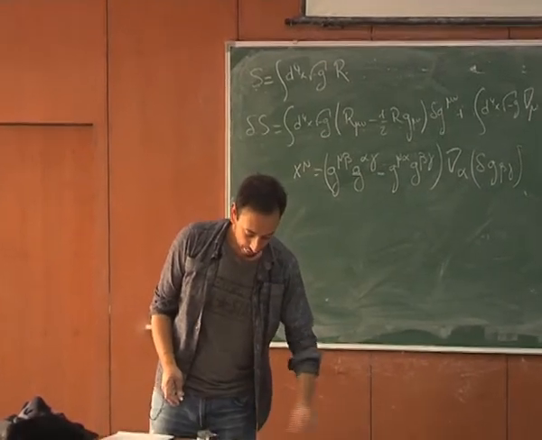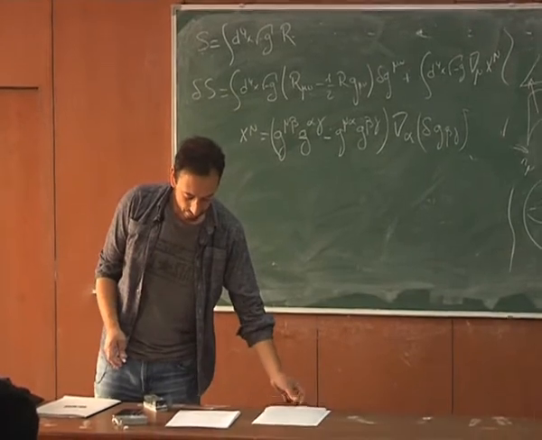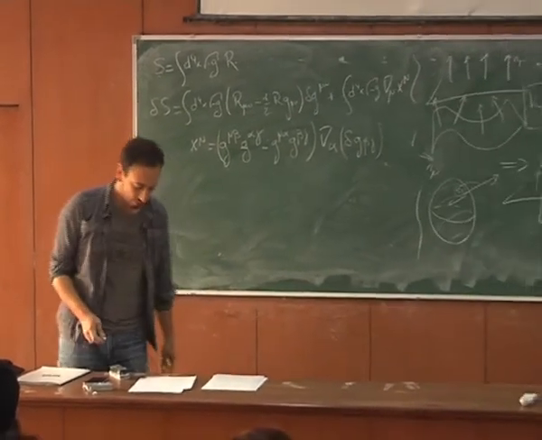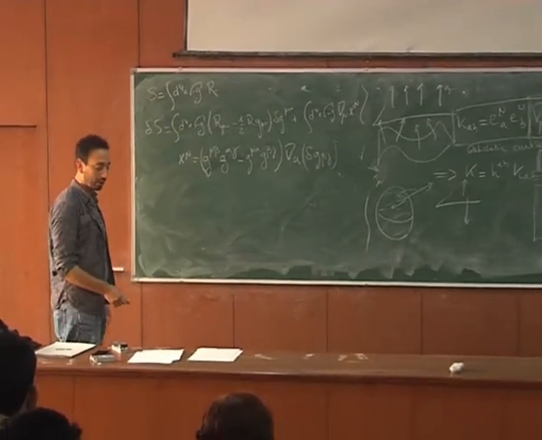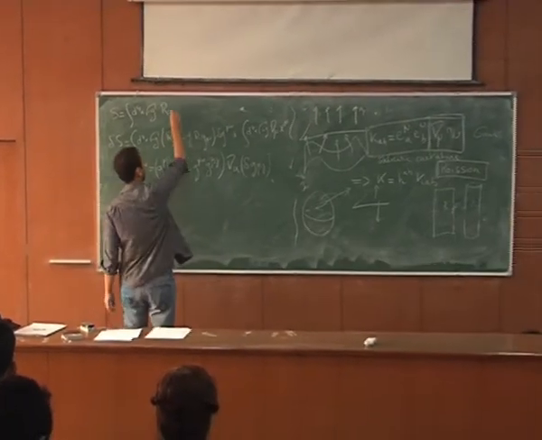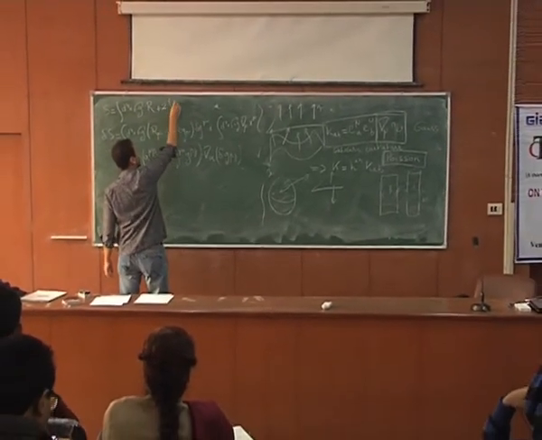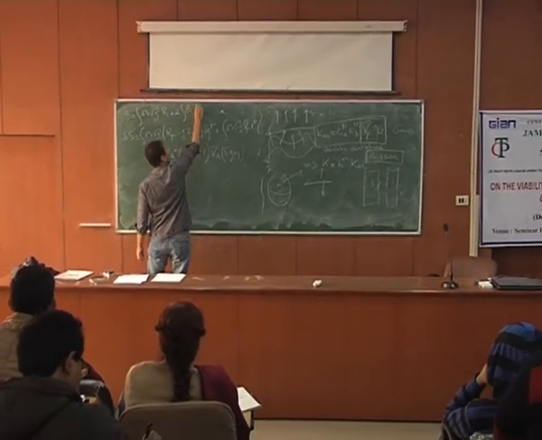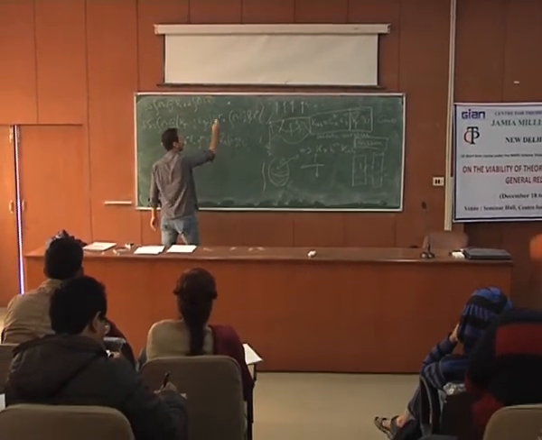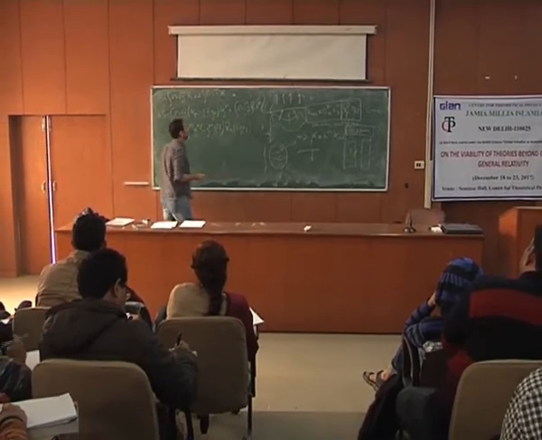So you have all the calculations with details in the notes, and at the end what we get is that actually you need to add a term which is plus 2 times the integral in 3 dimensions, H is the induced metric in 3 dimensions, and this.